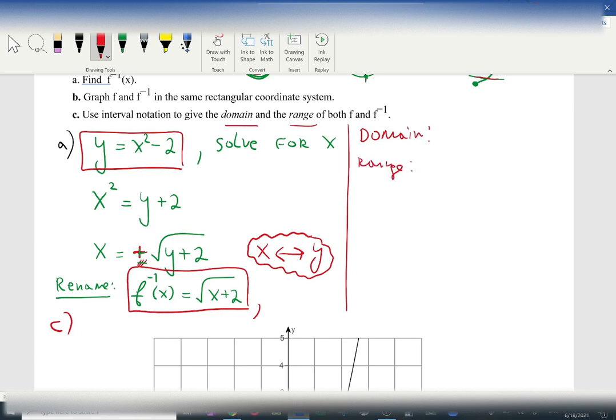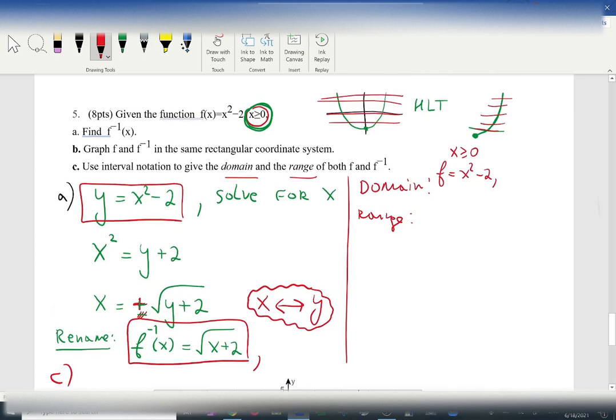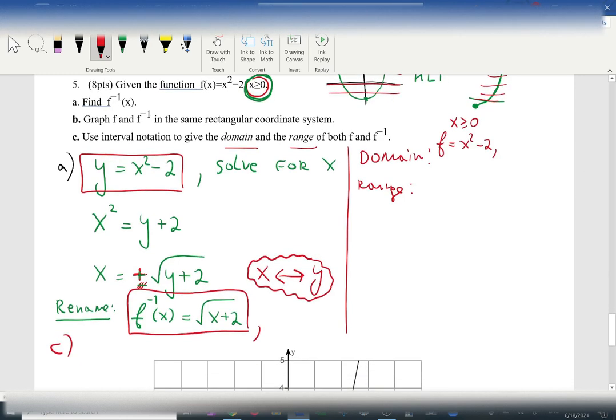Let's see. For the original function f, which is x squared minus 2, where x should be greater or equal than 0, the domain is exactly what they told us, from 0 to infinity, or just x greater or equal than 0.